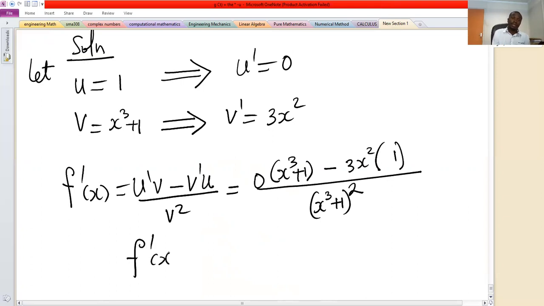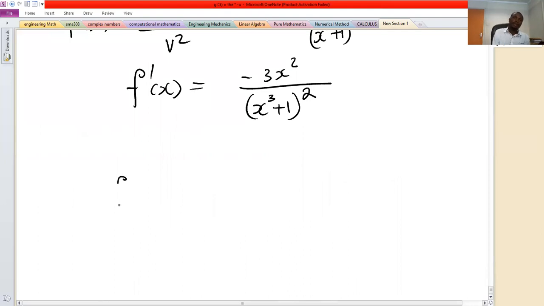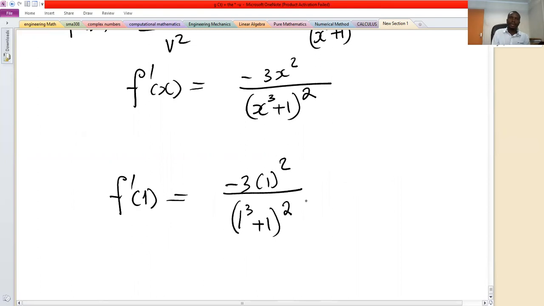So f prime of x will be negative 3x squared divided by (x cubed plus 1) squared. And then the derivative at 1 will be negative 3 times 1 squared over (1 cubed plus 1) squared, which is negative 3 over 2 squared, negative 3 over 4. So that's how we solve that problem.